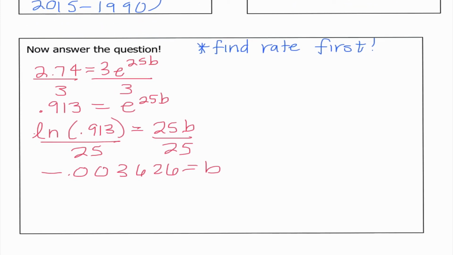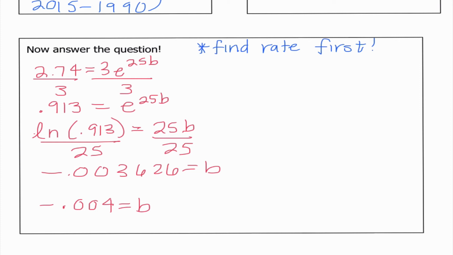So if I'm rounding this to 3 decimal places, I would get negative 0.004 is our b value. And it's really important that we pay attention to what the directions tell us in terms of the b value. And believe me, on the homework and on tests and on quizzes, it will be very, very evident what you need to round to.